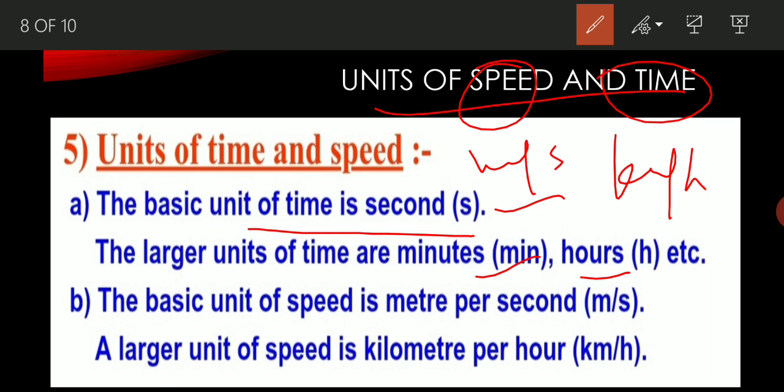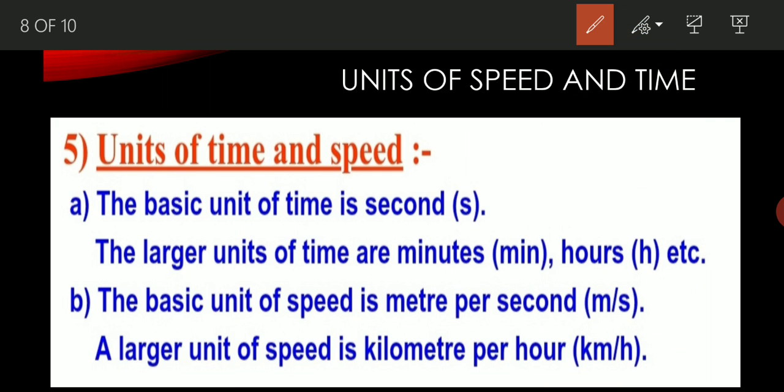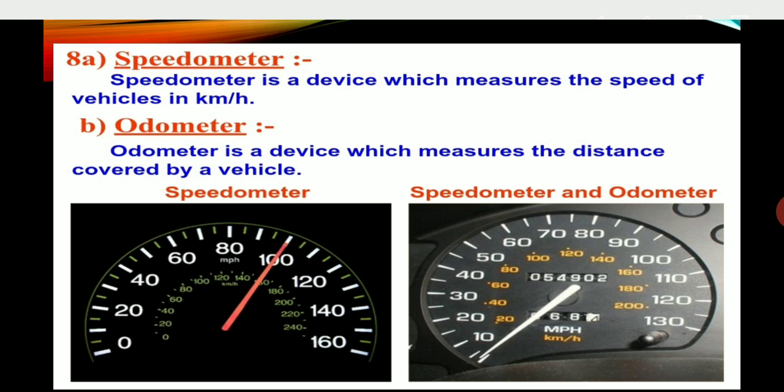In the same way, the basic unit of speed is meter per second, and the larger unit of speed is kilometer per hour. So if anybody asks you the unit of speed, you can give both answers. Clear? The standard unit of speed is always meter per second. Clear?